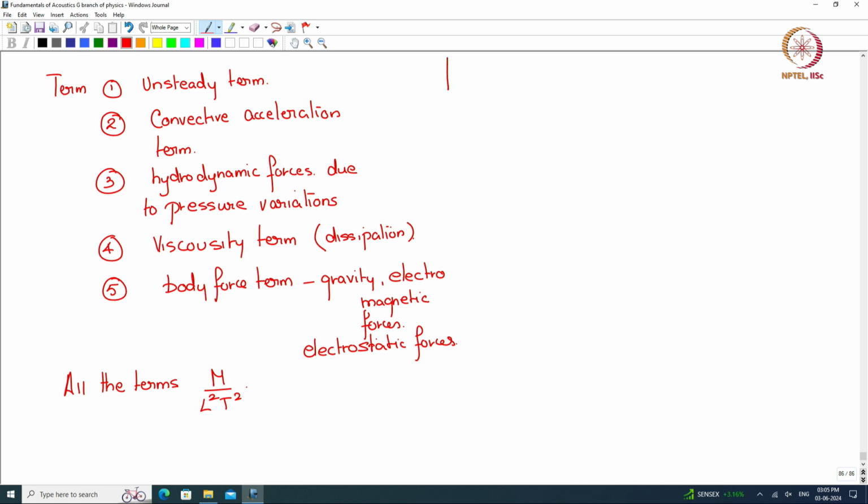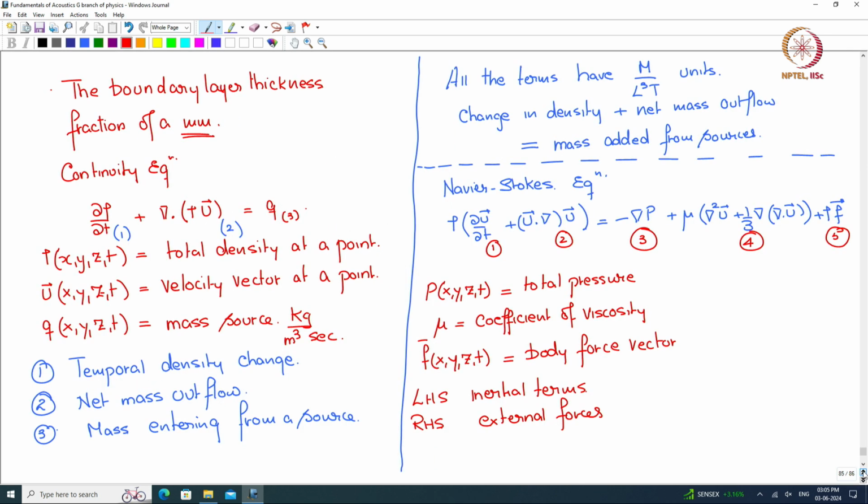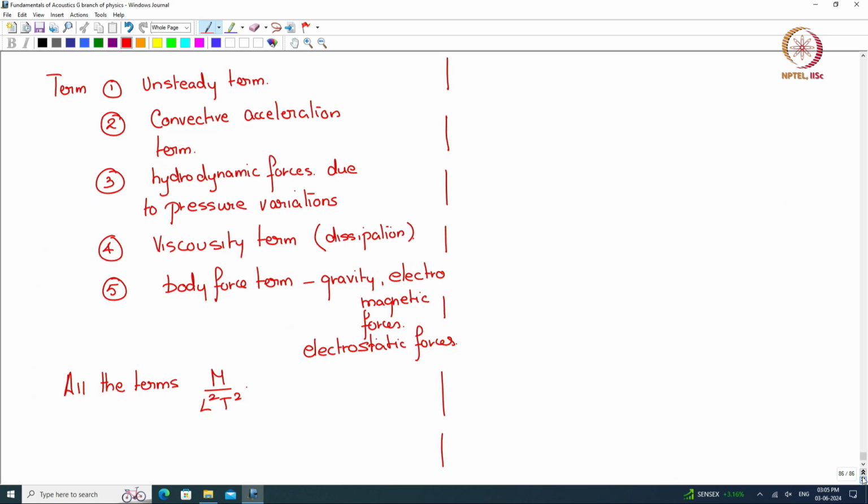Now, as in the list, there are two more equations. I am not numbering them. So, the next is the equation of state for an ideal gas, which I will write as PV is equal to mRT.